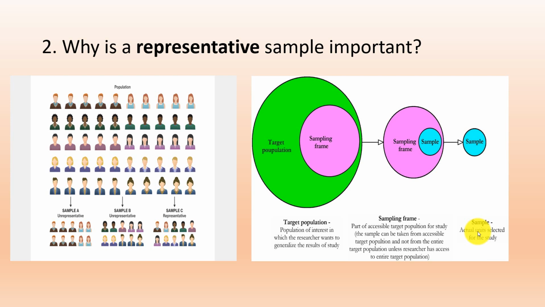Now I'd like to talk a little bit about what a representative sample is and why it's important. A representative sample is one that has a pretty clear connection between the sample itself and the population you're studying. Take a look at the slide on the left, please. If you notice, there are 5 rows of people, and in each row there are different groups within each.